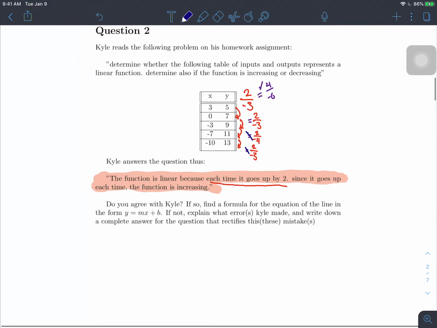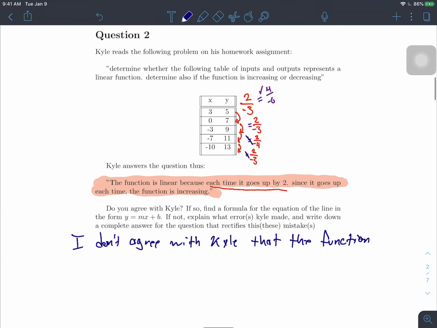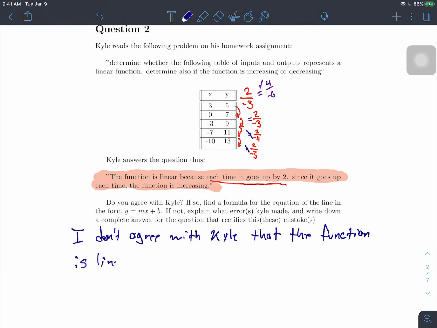Okay, so the first step of my problem, I would write, I don't agree with Kyle that the function is linear.